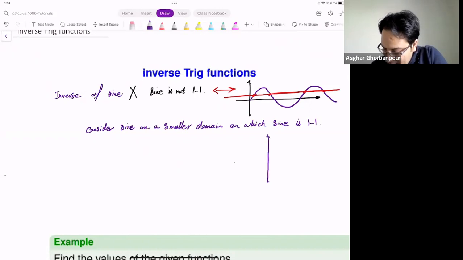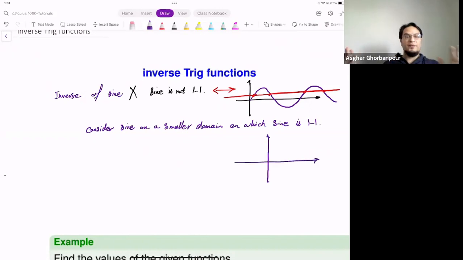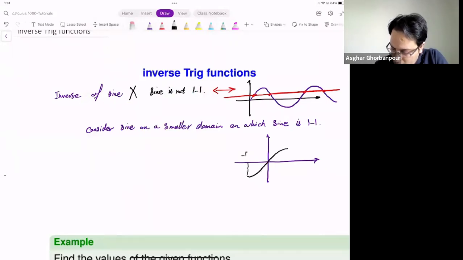In this case, there are different conventions. Almost 99% of the time, the most important and most repeated one is the one that goes from -pi/2 to pi/2.